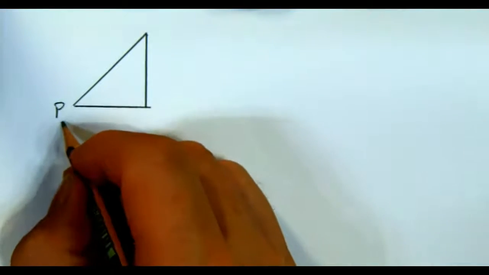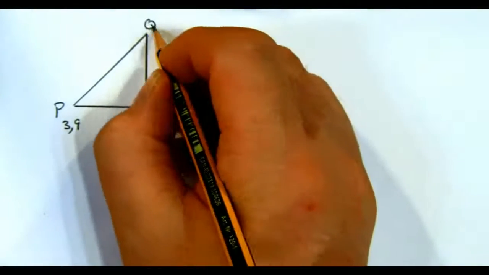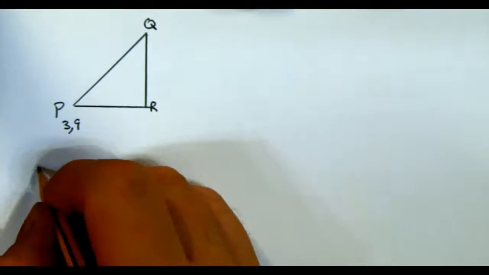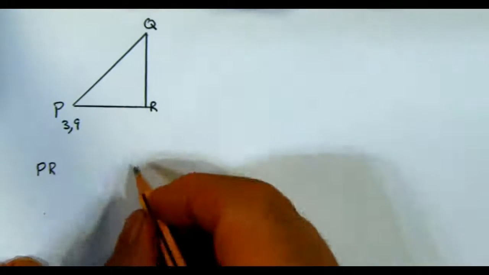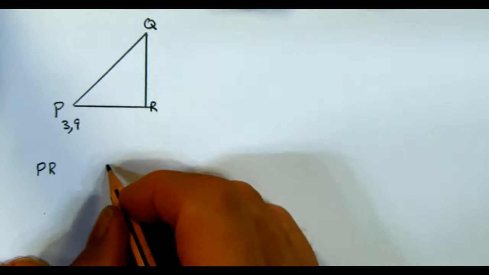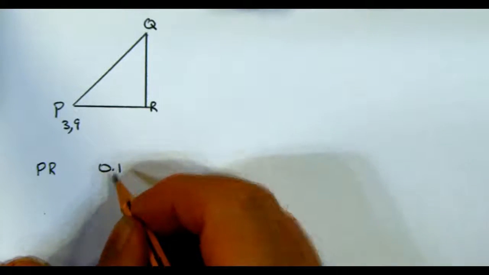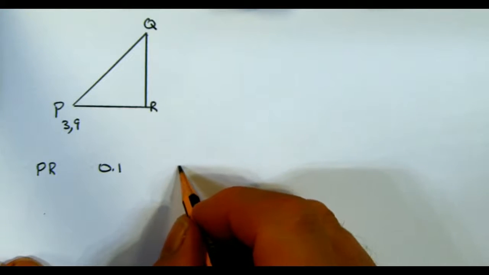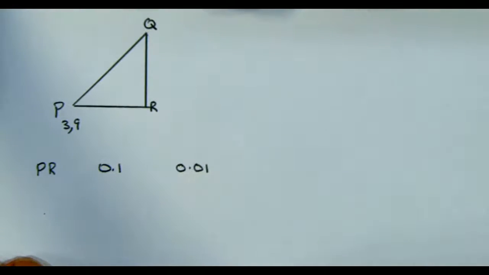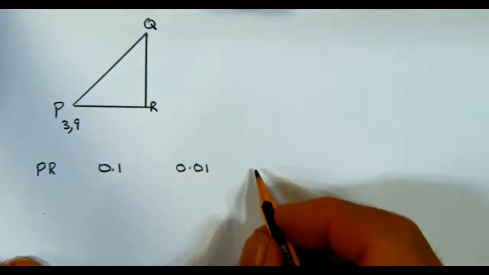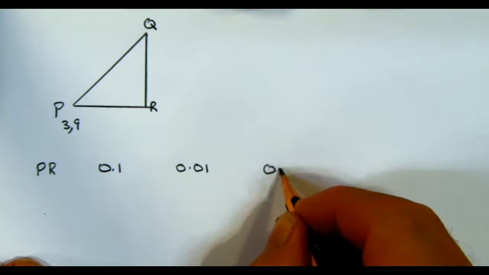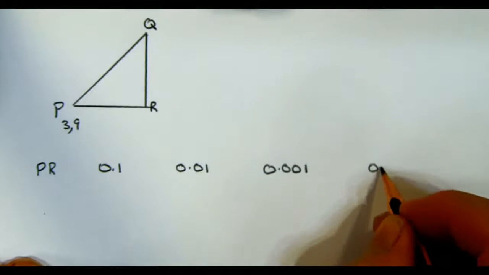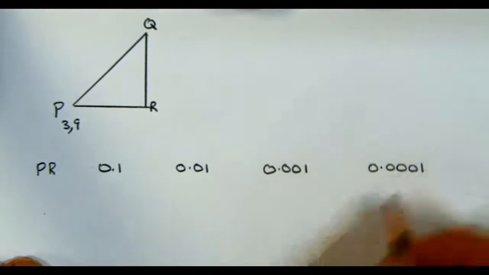Got our point P, which is at 3, 9. This is our point Q, and this is our point R. So let's imagine that PR, the distance to Q, is going to be 0.1. Well, let's have Q a little bit closer. Let's imagine it's going to be 0.01. Let's imagine Q a little bit closer still, at 0.001. Perhaps even closer, 0.0001.